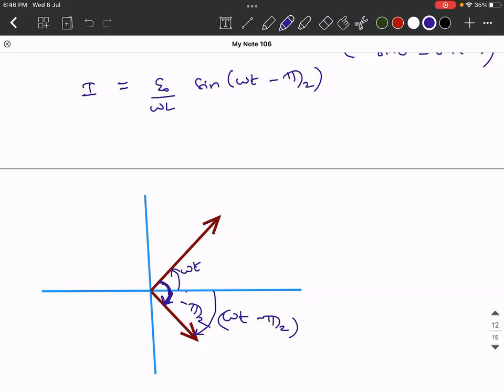See, pi by 2 tells me current is lagging the voltage by pi by 2. So the angle between EMF and the current is supposed to be pi by 2.